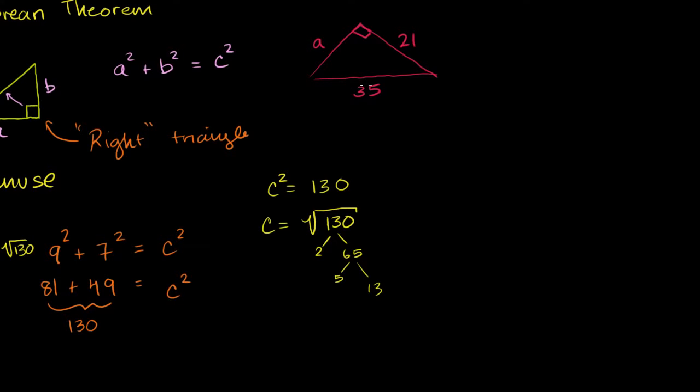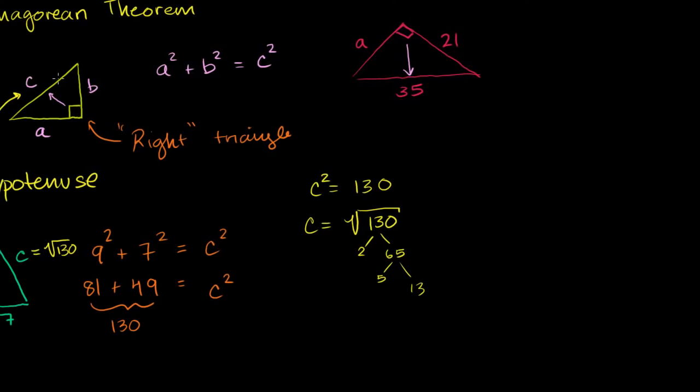So your instinct to solve for a might say, hey, 21 squared plus 35 squared is going to be equal to a squared. But notice, in this situation, 35 is the hypotenuse. 35 is our c. It's the longest side of our right triangle.